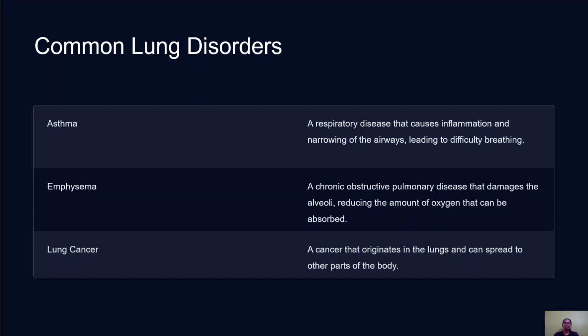Emphysema is a chronic pulmonary disease that damages the alveoli, reducing the amount of oxygen that can be absorbed. When the alveoli are damaged, the exchange of gases is very difficult and less oxygen is absorbed. So that causes emphysema. Lung cancer is a cancer that originates in the lung and can spread to other parts of the body.